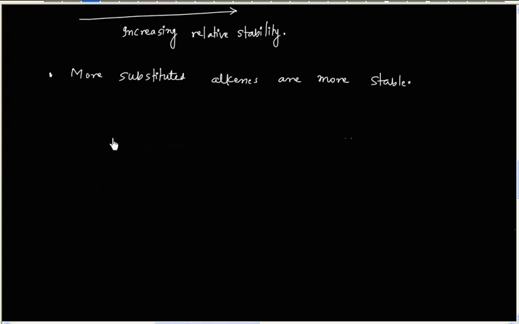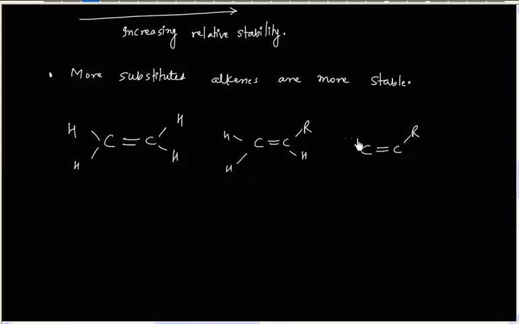For example, this is a non-substituted alkene. This is a monosubstituted alkene. This is a disubstituted alkene. And this is a trisubstituted alkene. And this one is a tetrasubstituted alkene.